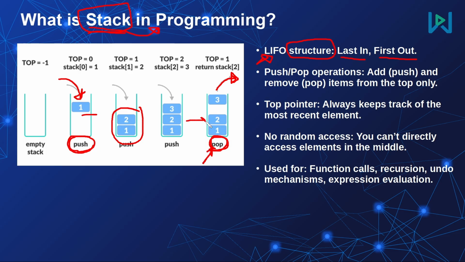Here, for example, the last element that has been pushed in the previous operation was this one, 3. If we execute a pop operation after this push, then the first element to be taken out will be the last one that has been saved.